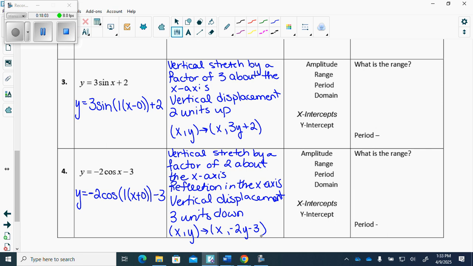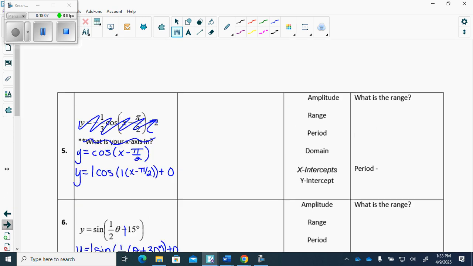Okay, then we're going to flip over. Okay, this one has a horizontal what? Phase shift. Pi over 2 what? Right or left?